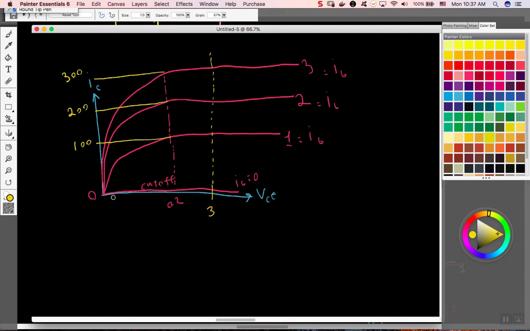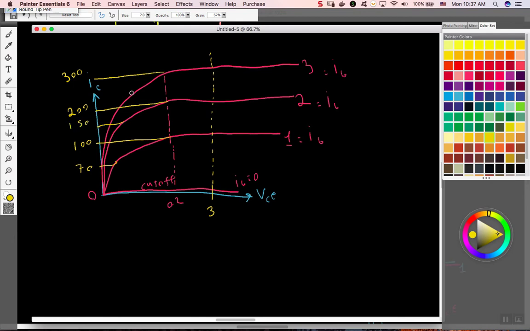On the other hand, when the voltage is 0.2 or less, the corresponding value of IC is going to be less than 100 times IB. Maybe it's 70 here. Maybe for this graph, it's 150.